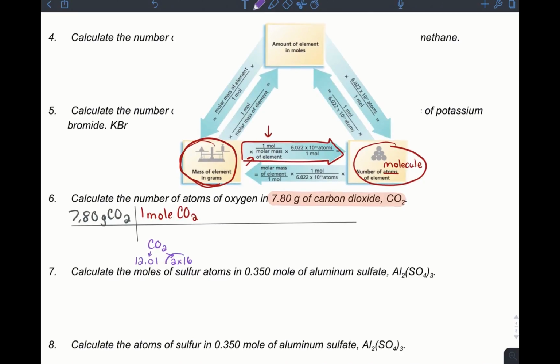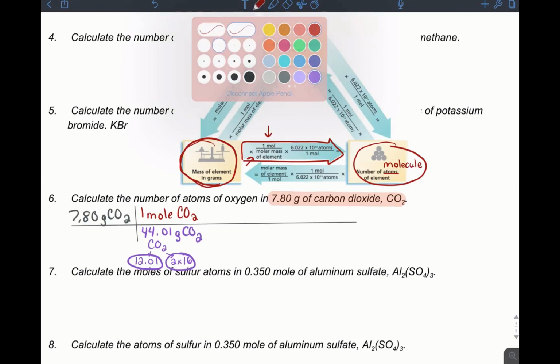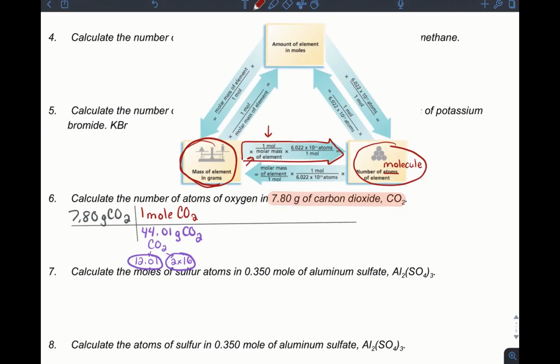So we have 32 here, 32 plus 12, you've got 44.01. That would be the mass of all of 1 carbon and 2 oxygen. So that's going to be the molar mass of carbon dioxide that we'd get from the periodic table. That takes care of our first part right here.